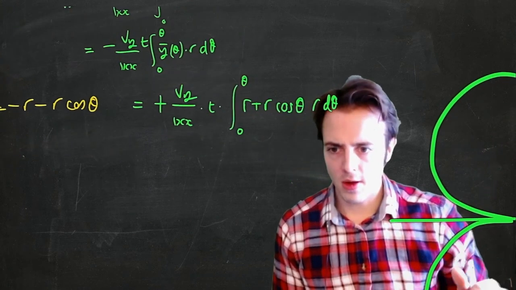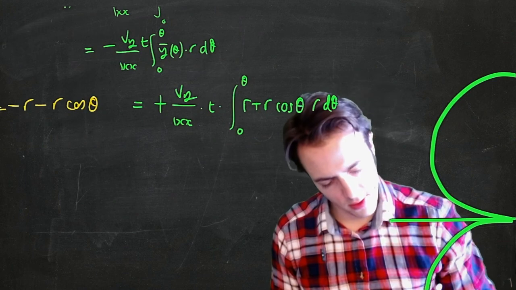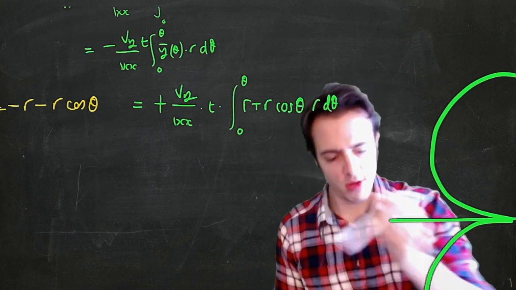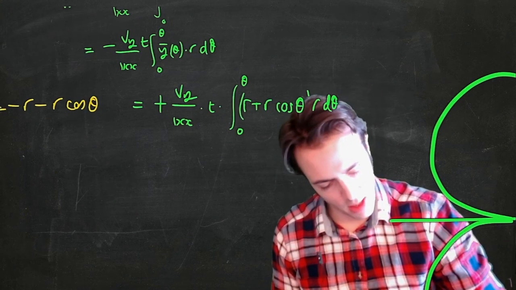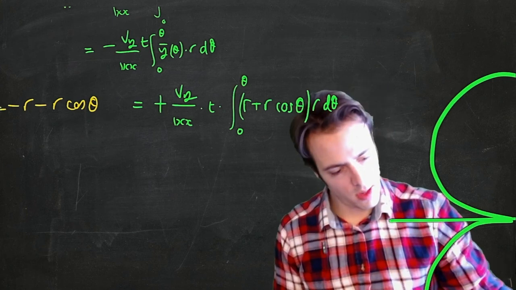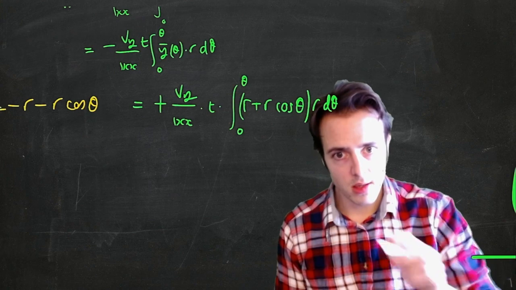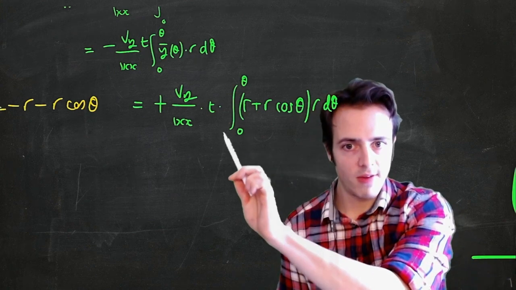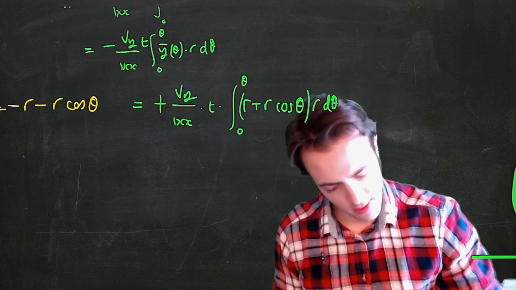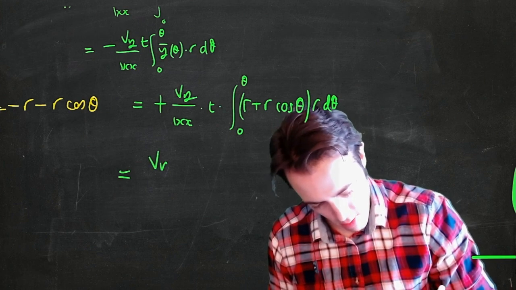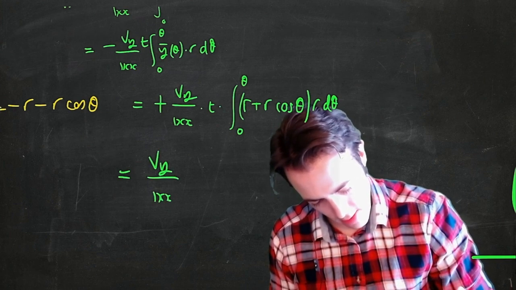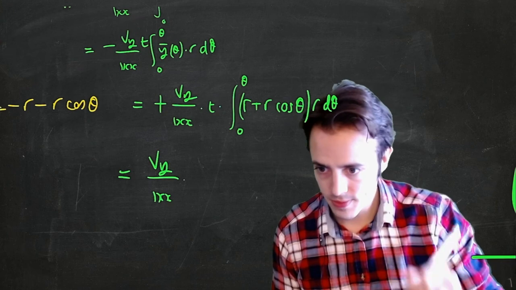Okay, so let's take these r's out as well. Actually, we're going to have a function of r squared here, and I should have really put that in a bracket there. So I can see I'm going to have an r squared here. Equals Vy on Ixx times t r squared.